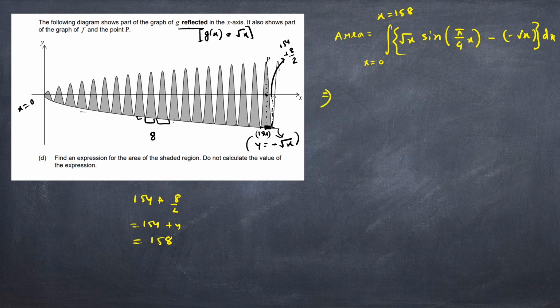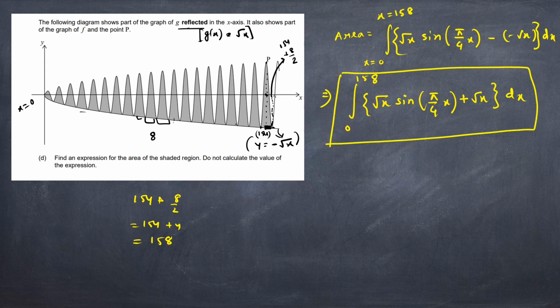So ultimately the area is the integration from 0 to 158 of the bracket root x sine(pi by 4 x) plus root x dx. So we just need to give the expression, so that's the expression. So in this way this problem is also done.